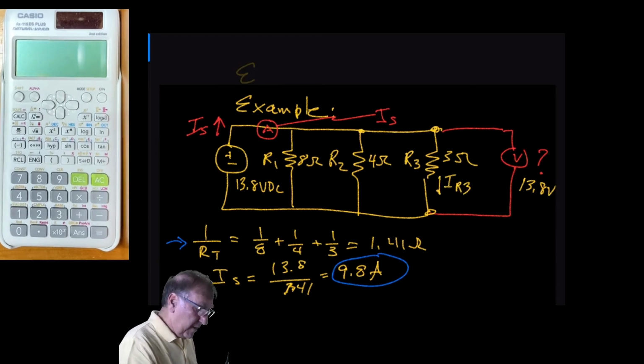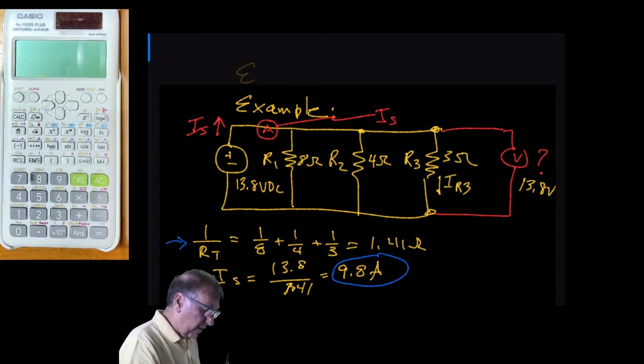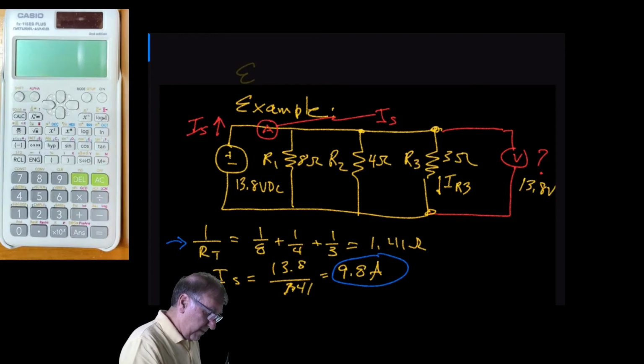Now let's look at the current through R3. So that's IR3 is equal to 13.8 volts divided by 3, and that equals 4.6 amps.